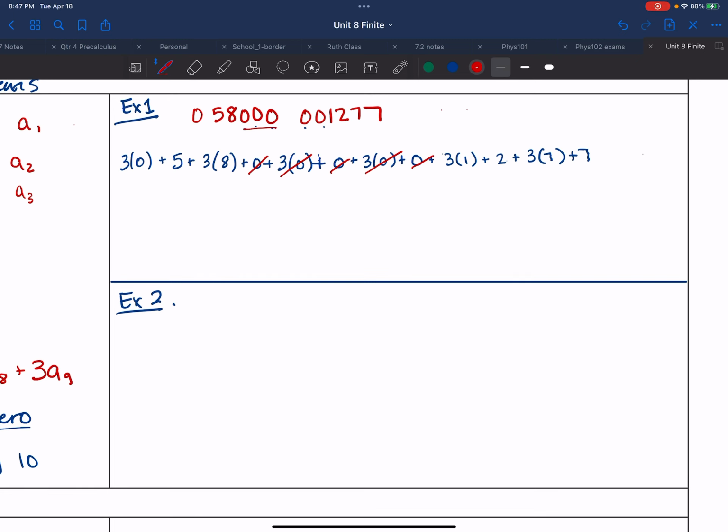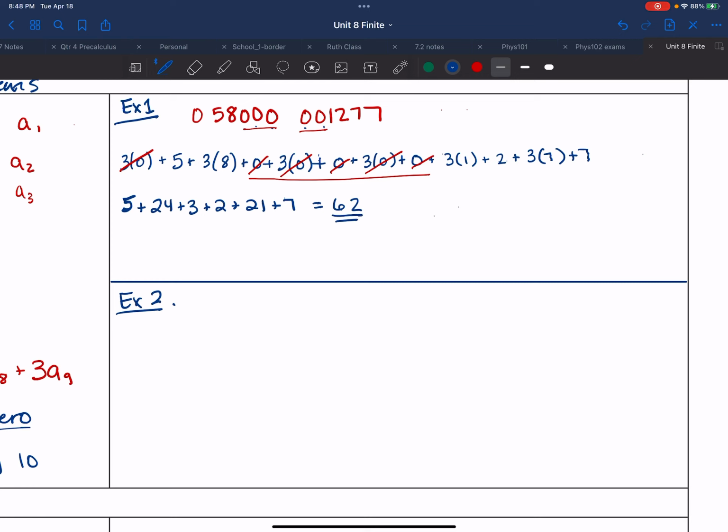I have 1, 2, 3, 4, 5, 6, and here I have 1, 2, 3, 4, 5, 6, so I'm good there. Oh, and I have this 1 out front. So I have 5 plus 24, that's 3 times 8, plus 3 plus 2 plus 21 plus 7. So by the time I add all those up together, I get the number 62.